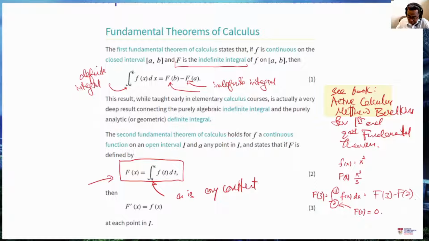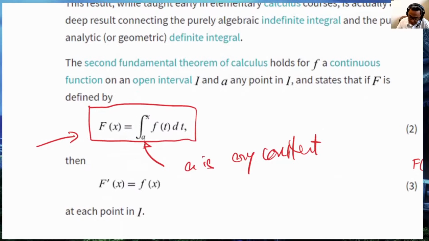We are looking at this second fundamental theorem of calculus, where the integral of a to x of f of t dt is equal to f of x. What we are going to do is you realize that this definite integral becomes a function capital F of x.